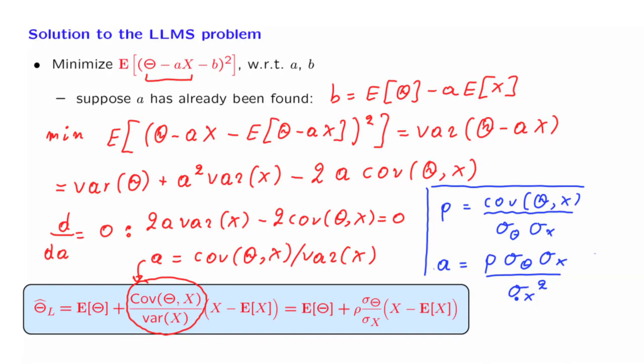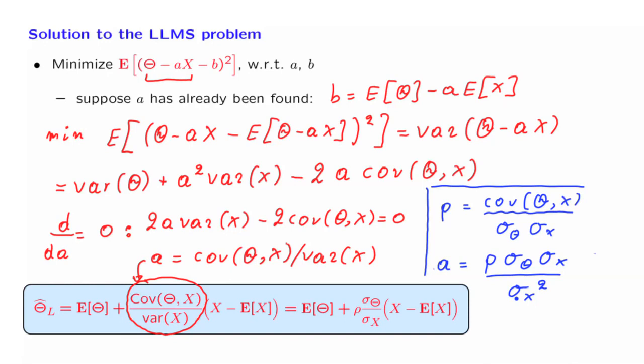This is the quantity we want to optimize with respect to a. And to do this optimization, we just set the derivative with respect to a to 0, and that's going to give us 2a times the variance of X minus twice the covariance of theta with X equal to 0, from which it follows that a should be equal to the covariance of theta with X divided by the variance of X. So we have found what a should be.